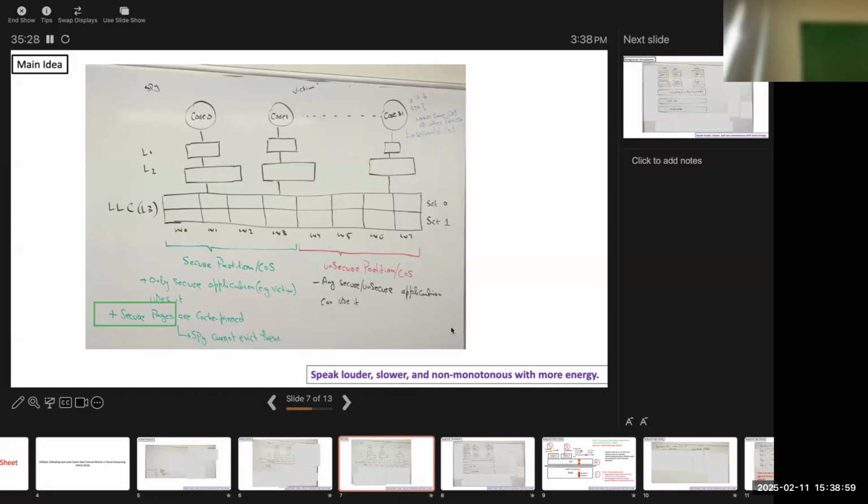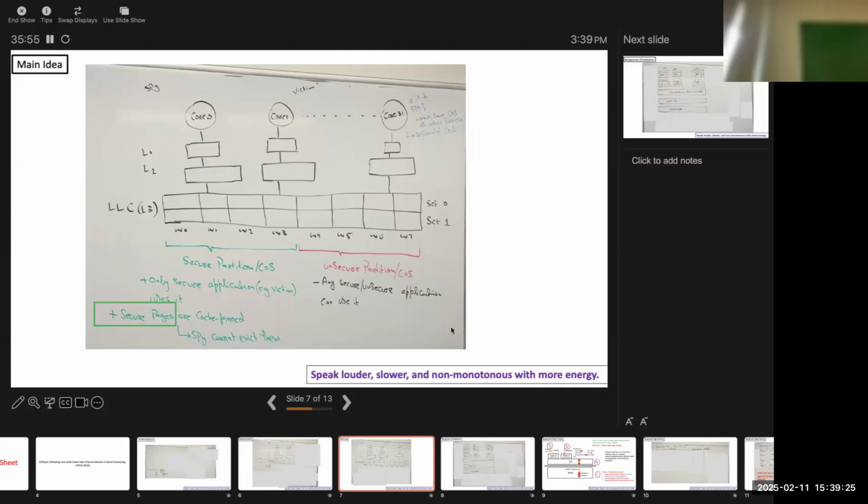Yes. So this is the locking mechanism that Catalyst implements to make CAT more secure. You can say that, because there are also other techniques which don't use CAT.